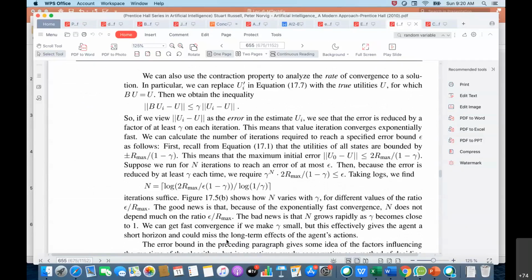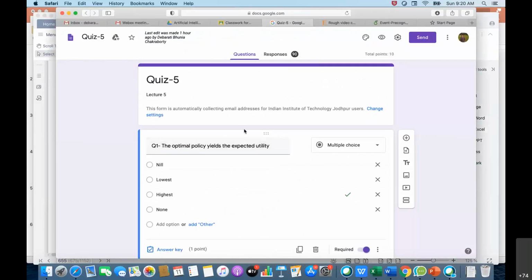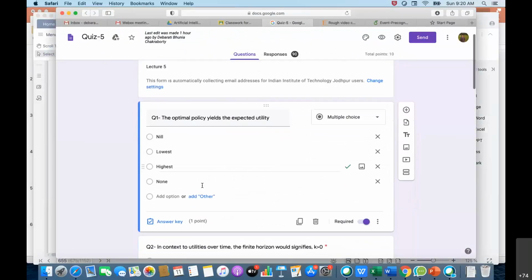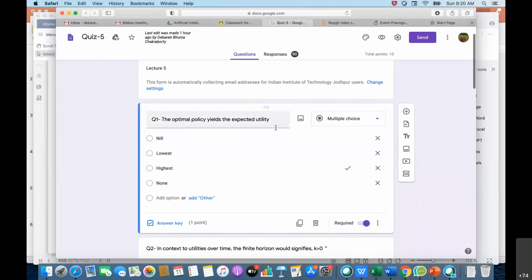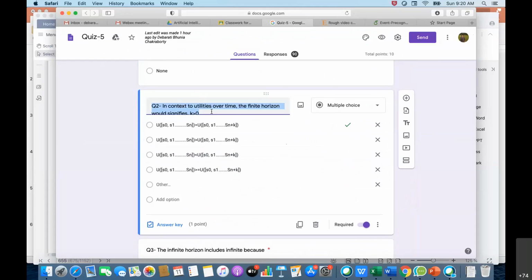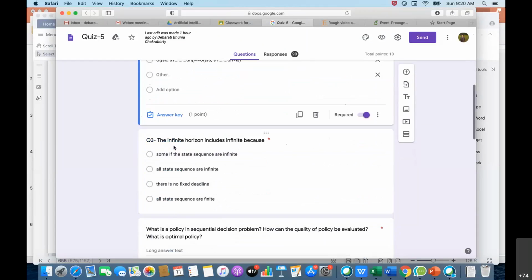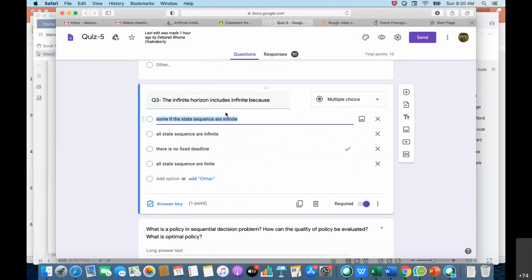And let me discuss the quiz now. This is the first one: the optimal policy yields the expected utility to be the highest. In the context of utility over the finite horizon, this is how the finite horizon will look. The infinite horizon includes infinite because there is no fixed deadline.